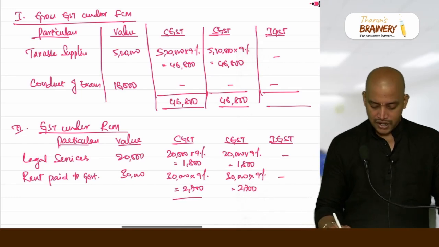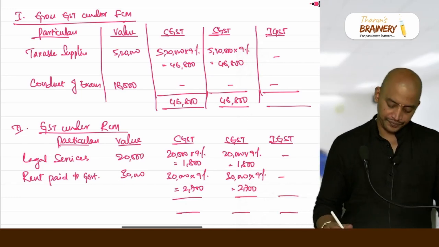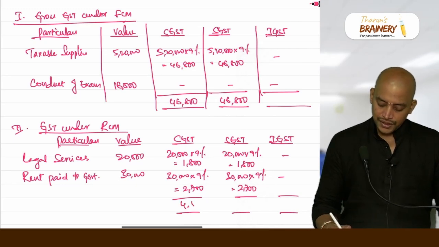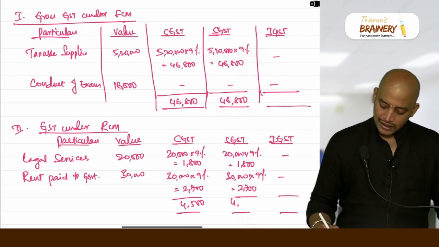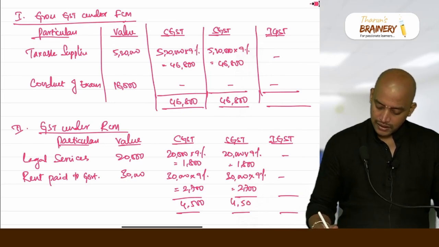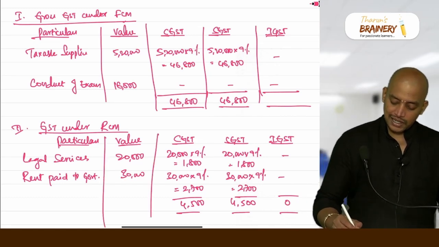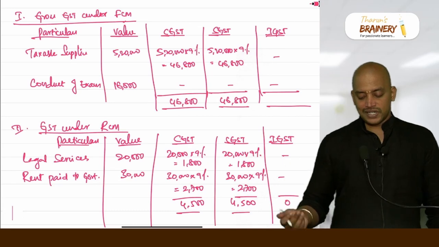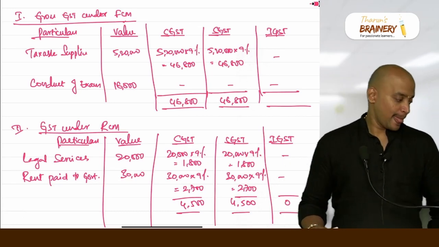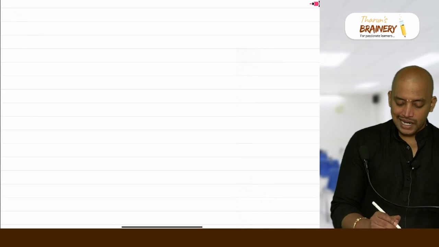Now this total is the ITC, 4,500. 4,500 is GST under RCM, correct? What is the next one? Number 3, ITC.